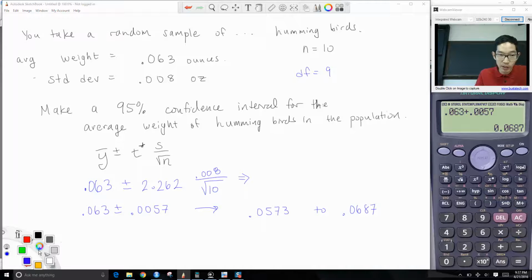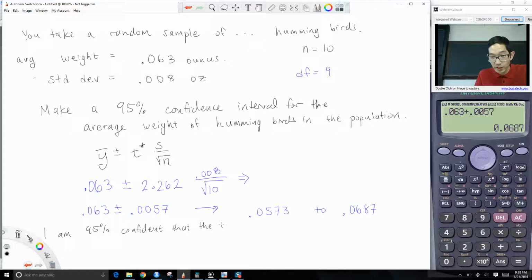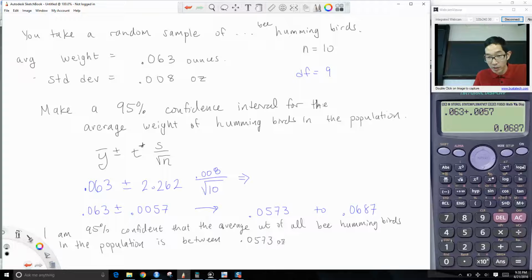And I would say something like, I am 95% confident that the average weight of all, apparently this was bee hummingbirds, of all bee hummingbirds in the population is between 0.0573 ounces and 0.0687 ounces.